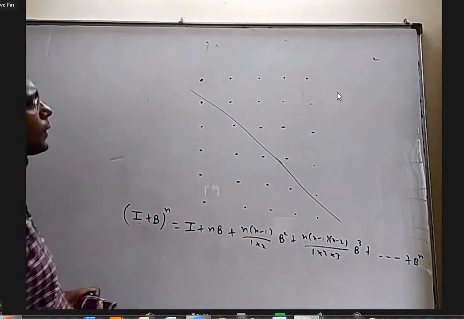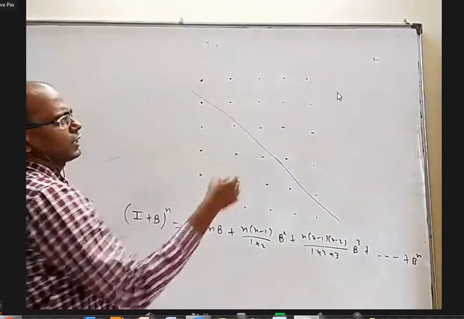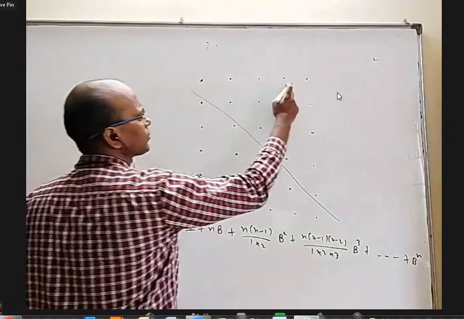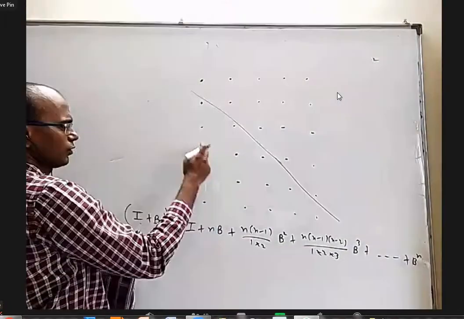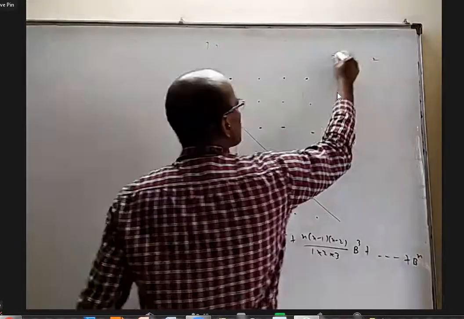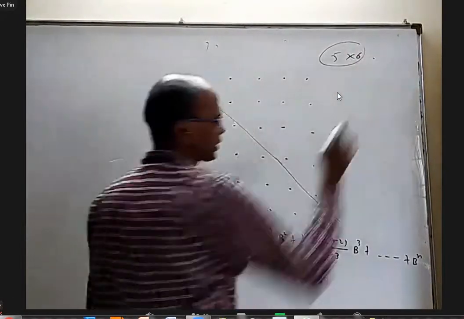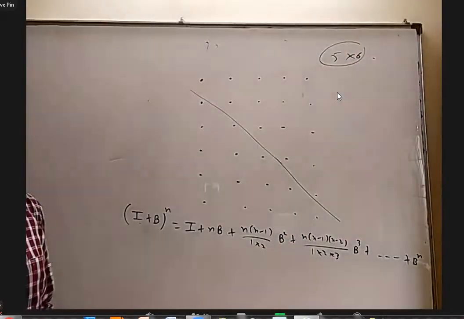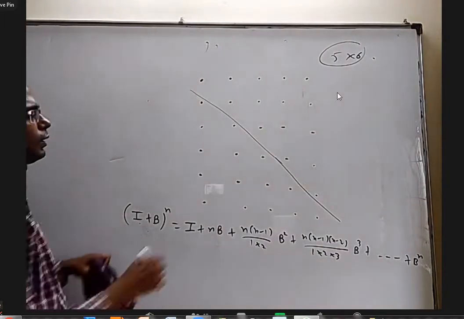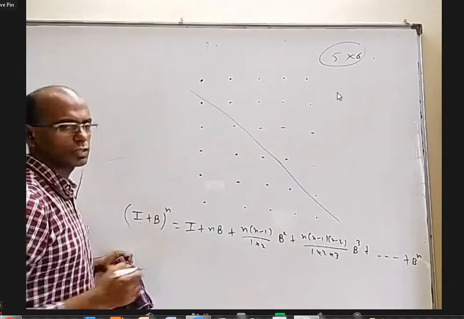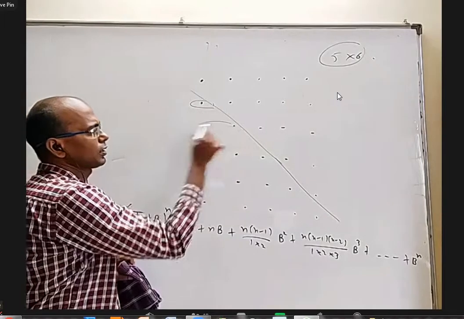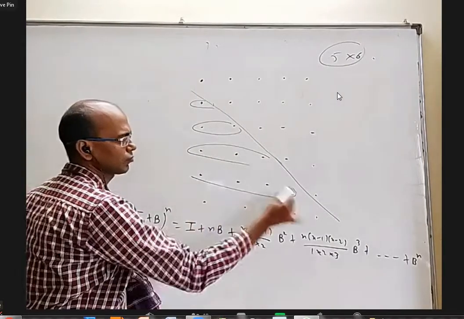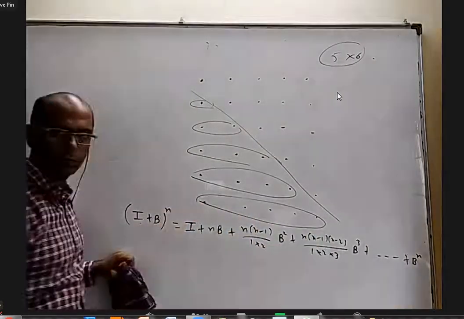That's all. Now, everybody knows here I have 1, 2, 3, 4, 5 here, 1, 2, 3, 4, 5, 6 here. Total 5 into 6, this many dots are there, right? Let us see below the line how many dots are there. Here 1 dot, here 2 dots, here 3 dots, here 4 dots, and here 5 dots.